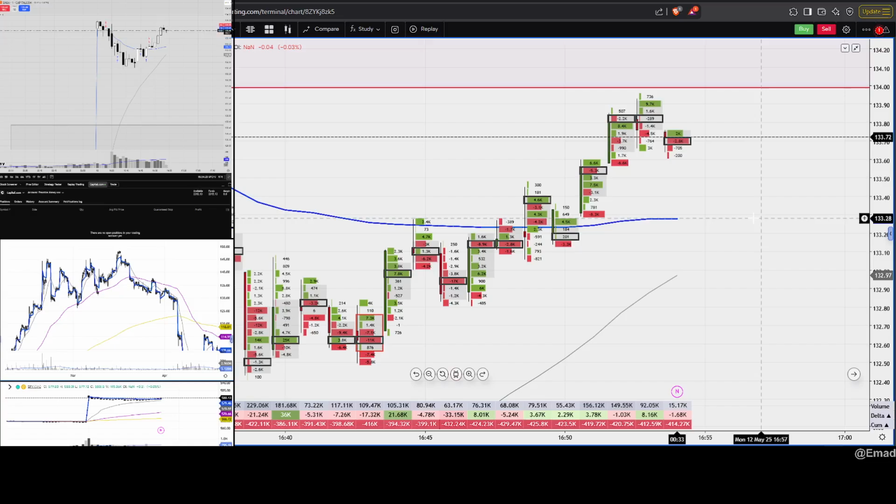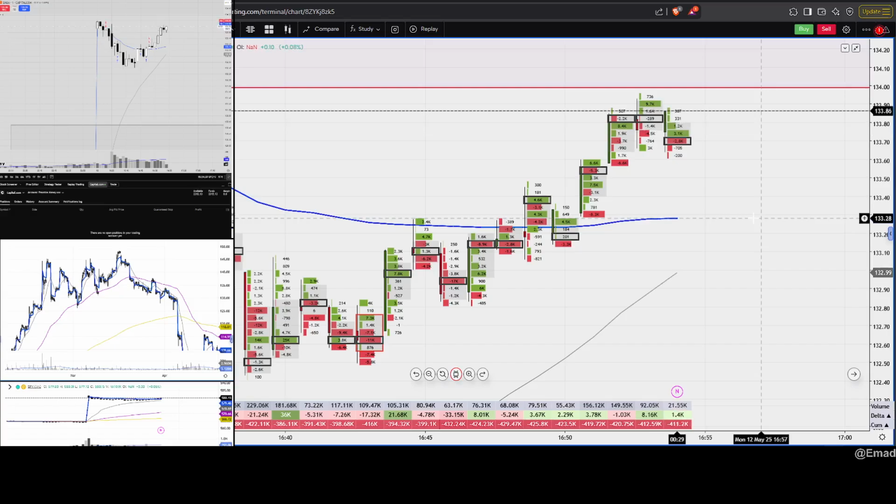Scalping. Oh yeah. Okay. Will sellers step up? Not seeing anything special from the seller side either.